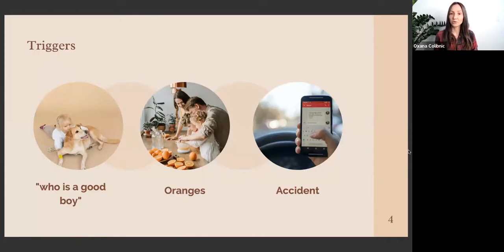Also, another situation could be a car accident, right? Whoever's been in a horrible car accident knows for sure that it's very hard to drive after that accident, right? Some people won't even get in a car because their unconscious mind was so triggered, got so scared that it won't allow them to get even closer to a car.